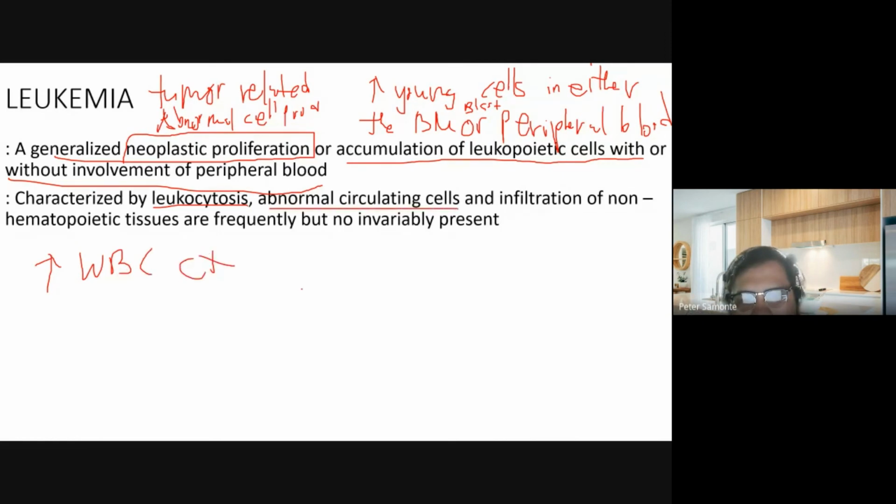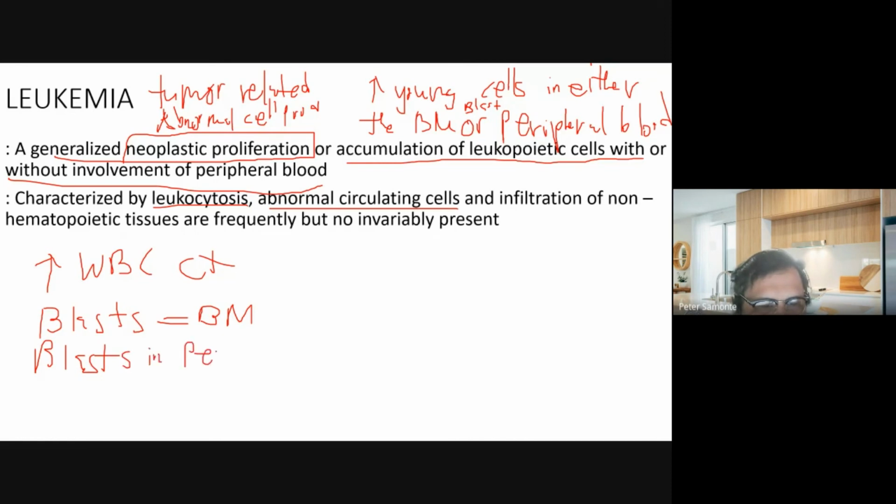Abnormal circulating cells, you could see, normally class, ang blast nyo would only be found in the bone marrow. But in this time, in leukemia, you would have blasts in the peripheral blood.